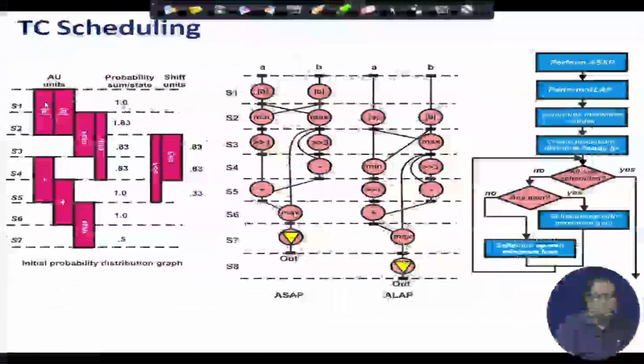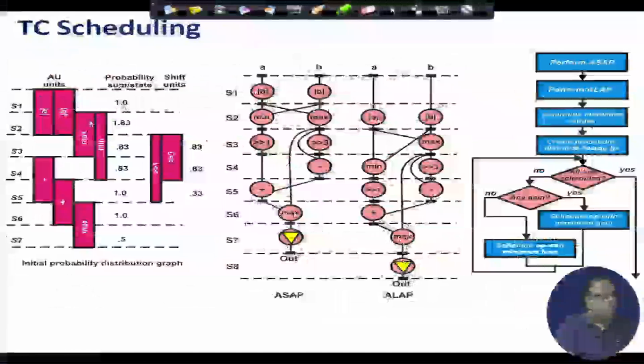So, both of them are possible, right. What about B? B can also be scheduled either here or here. So, each of them is contributing 50% probability. So, at this step S1, the probability sum is 1, because either this will be scheduled or this will be scheduled. This may be scheduled or this may be scheduled.